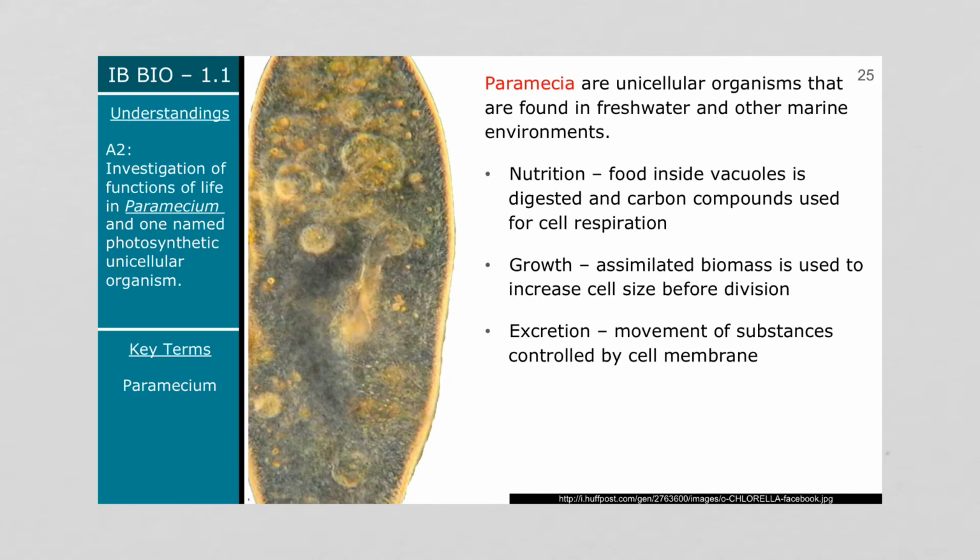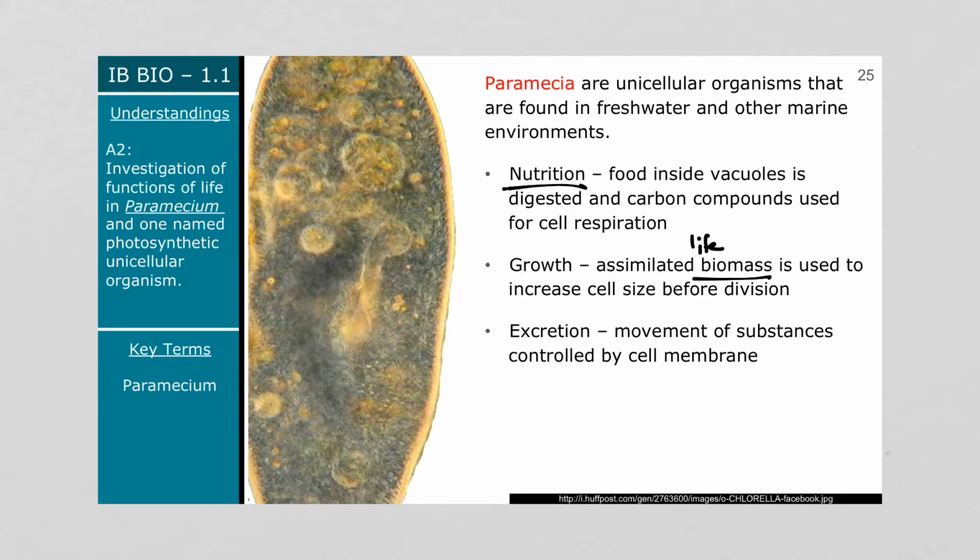For nutrition, they have the food vacuoles. They take in food through the oral groove, and then that food is stored inside vacuoles and digested, and then the carbon compounds like glucose are used in cellular respiration, ultimately to generate ATP. Growth, biomass, so that term bio is life or living, and mass is the amount of space, essentially, that something takes up.